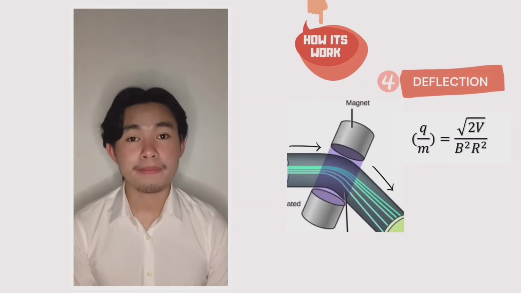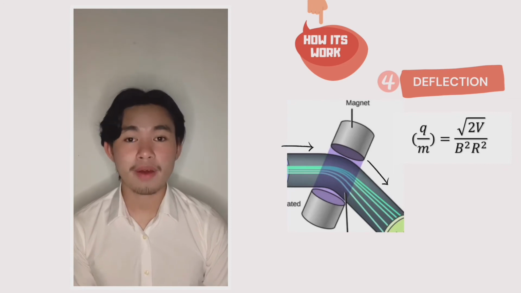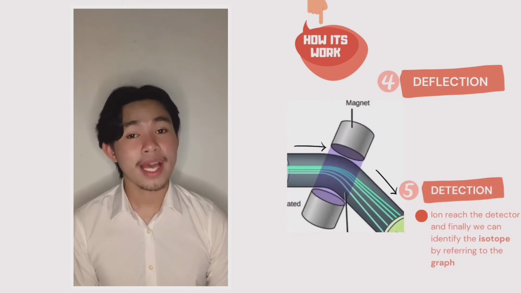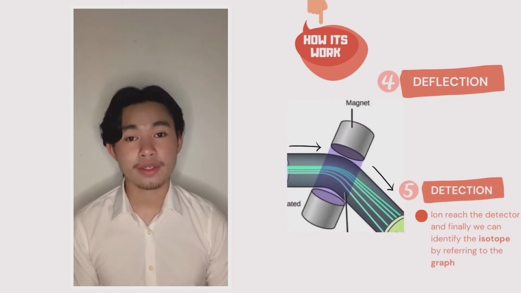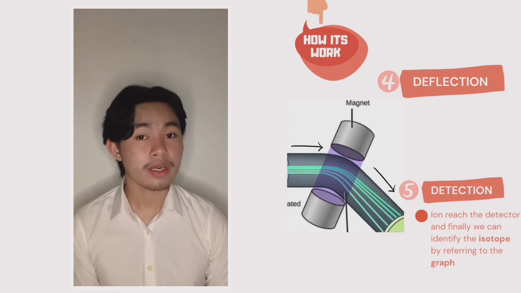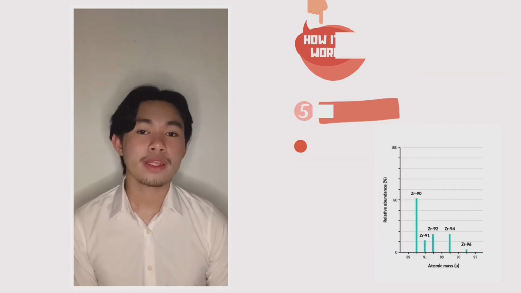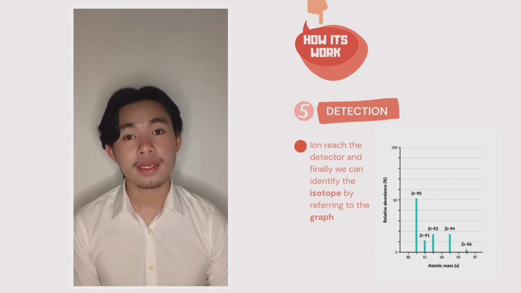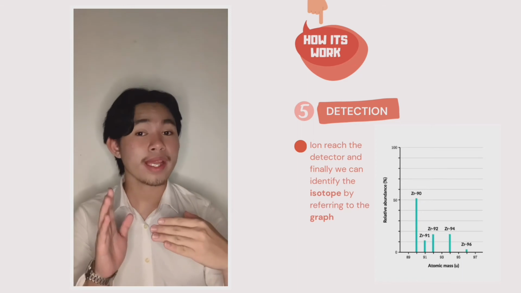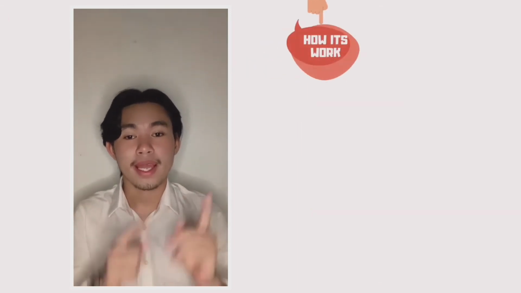Different isotopes are deflected by different amounts as they go through the magnetic field, which at the end we can finally use to identify the various isotopes present in that sample element through a chart or graph with the atomic mass as the x-axis and relative abundance as the y-axis, like this.